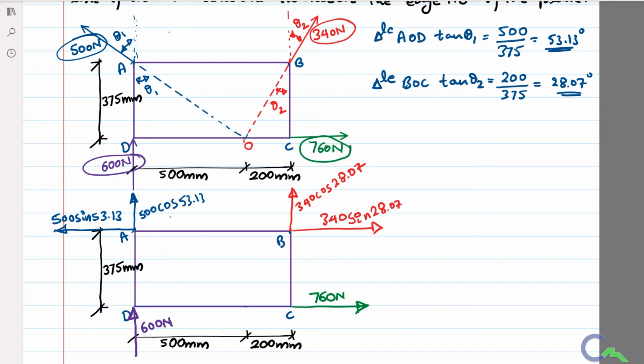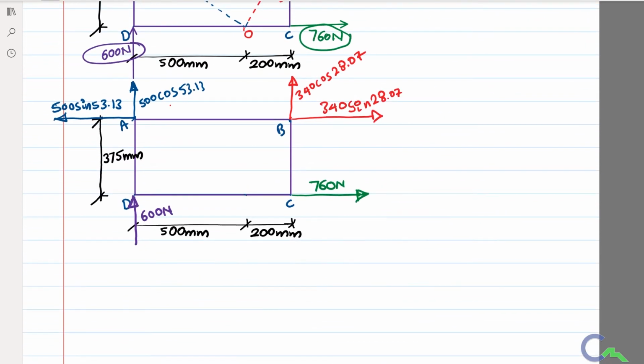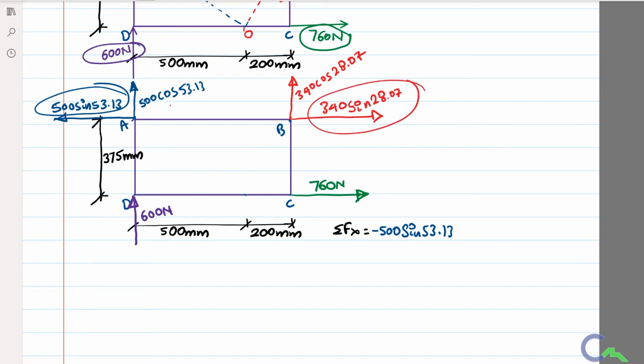First I am going to take the summation along the x-axis, sigma Fx. For the first force, 500 Newton, the force is acting in the negative direction, therefore minus 500 sin 53.13. For the second force, 340 Newton, it is acting in the positive direction, therefore plus 340 sin 28.07.